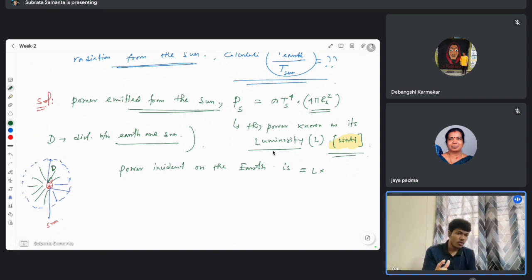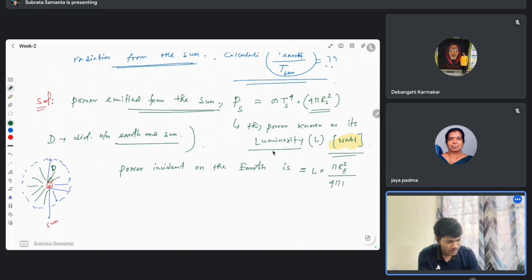But Earth only catches that power which is projected on this surface. So that means L times pi r square, the radius of the Earth, divided by 4 pi d square.